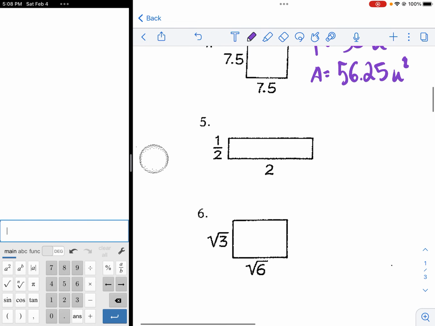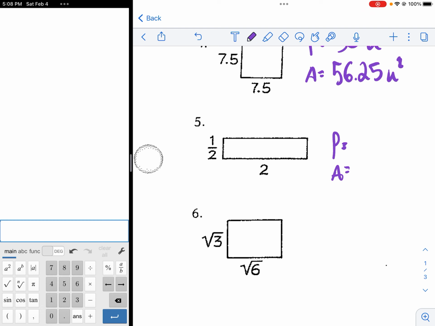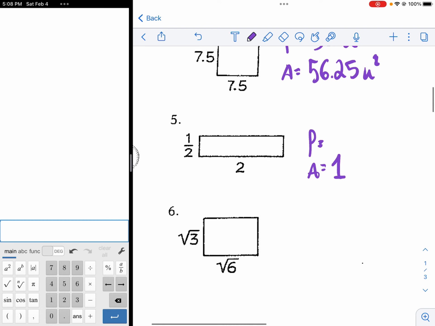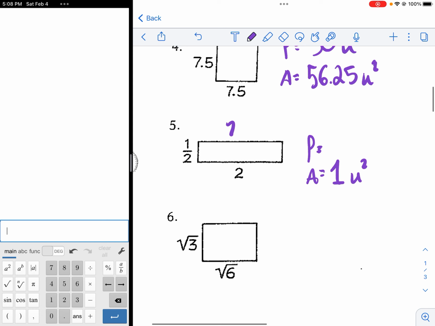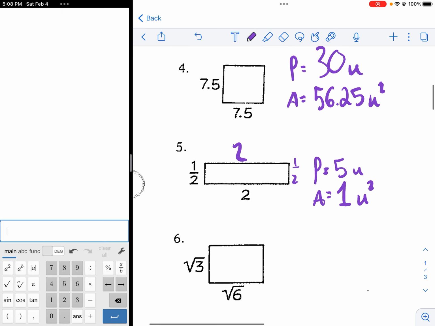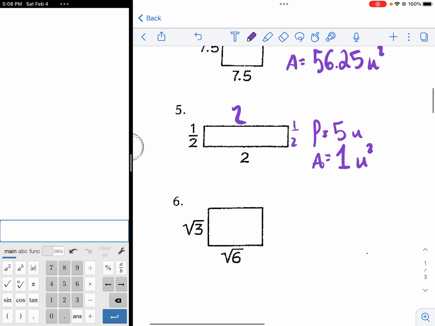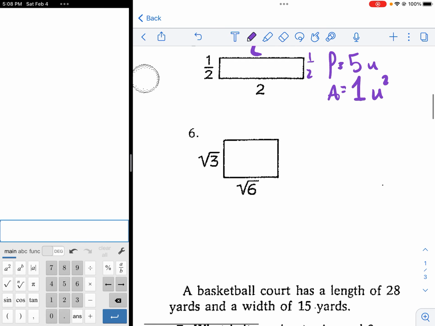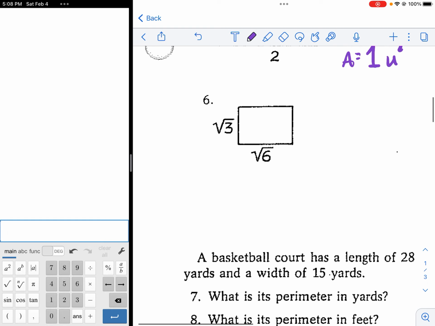Next, I have 1/2 times 2 to give me my area. 1/2 times 2 is just 1 unit squared. My perimeter would be 2 plus 2 plus 1/2 plus 1/2. 1/2 and 1/2 make 1, and 2 and 2 make 4, so I have 5 units for a perimeter. All right. Lastly, I have a situation with square roots.